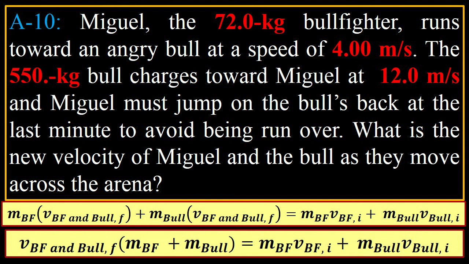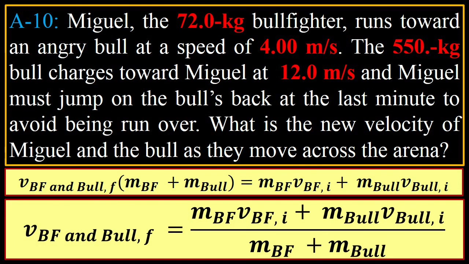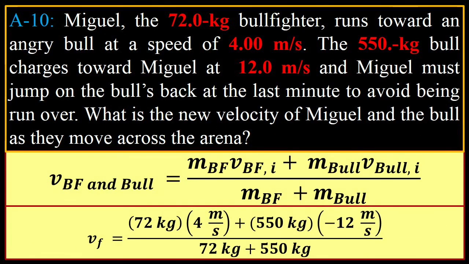You should be able to do this with a sixth sense. Now, as promised, we're going to divide through by the sum of the masses of the bullfighter and bull, and we're going to plug in all the values that are in red in the equation.